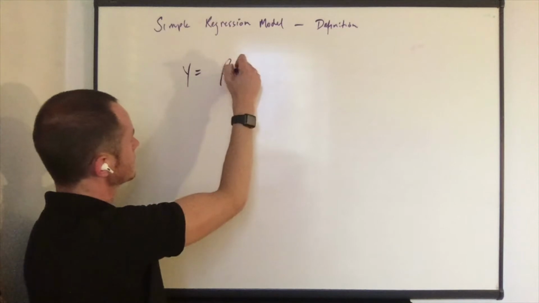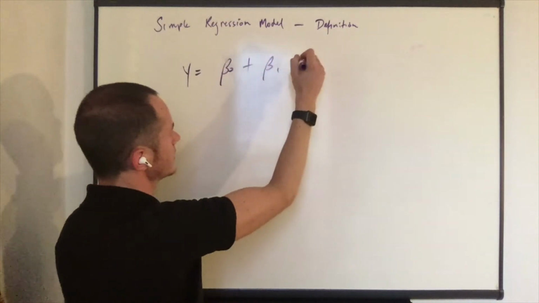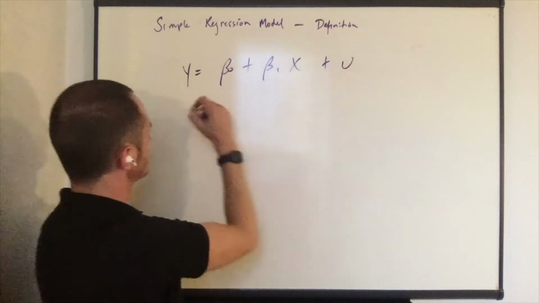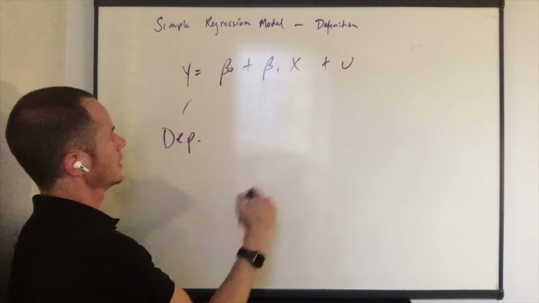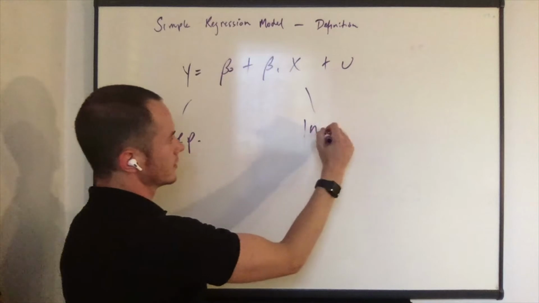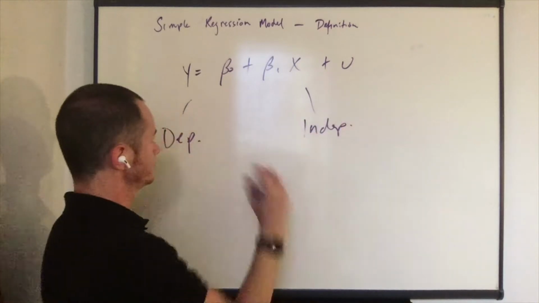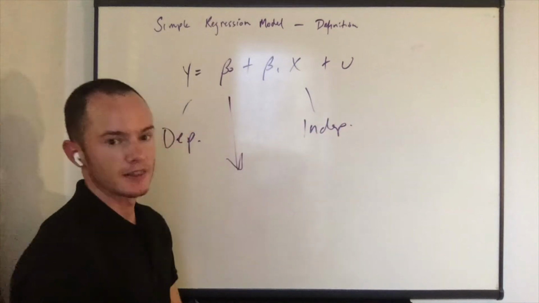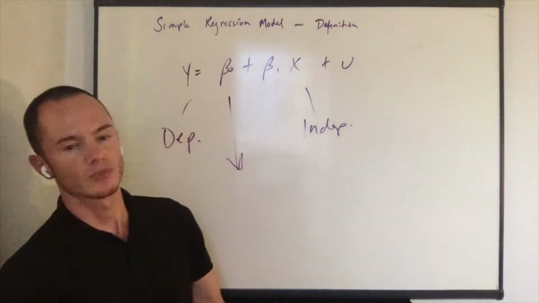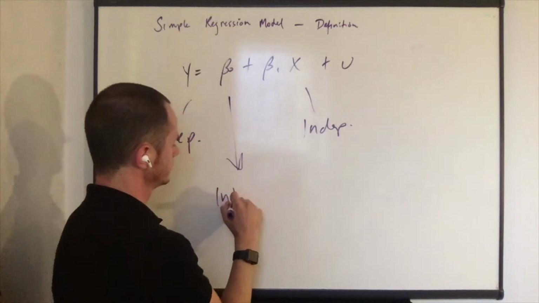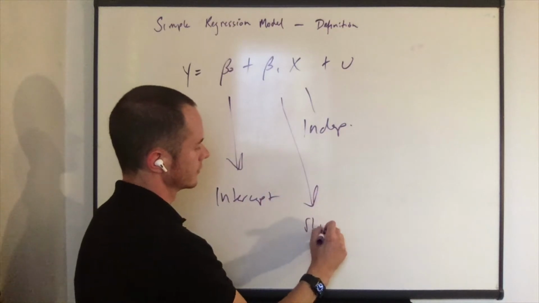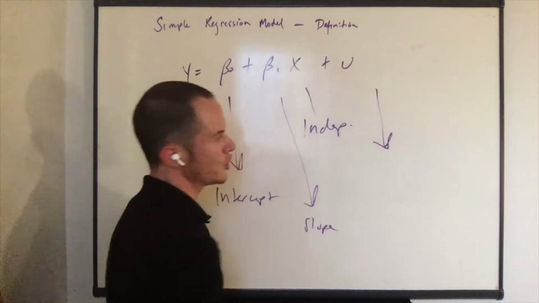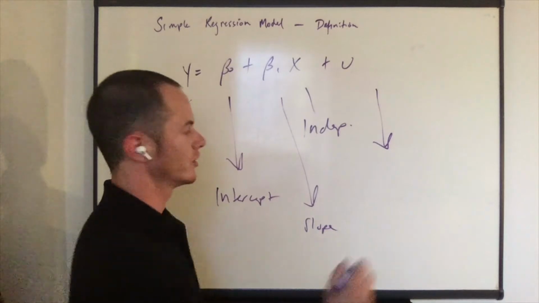Y equals beta naught plus beta 1 times x plus u, where y is the dependent variable, x is the independent variable. Beta naught is the intercept, if you will. Beta 1 is the slope, and u is the error term.